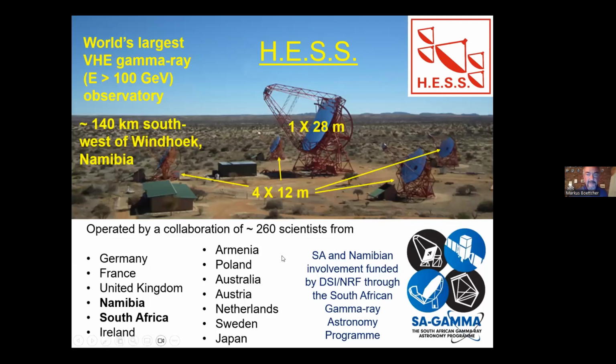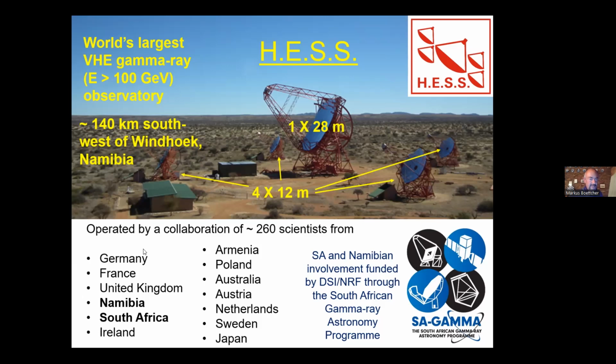So again, four 12-meter and one 28-meter telescope, about 120 to 140 kilometers southwest of Windhoek, Namibia. I'll say at the end, if you're interested in visiting, how to reach it. It is the world's largest gamma ray observatory currently existing. It's operated by a collaboration of about 260 scientists, primarily from Europe.